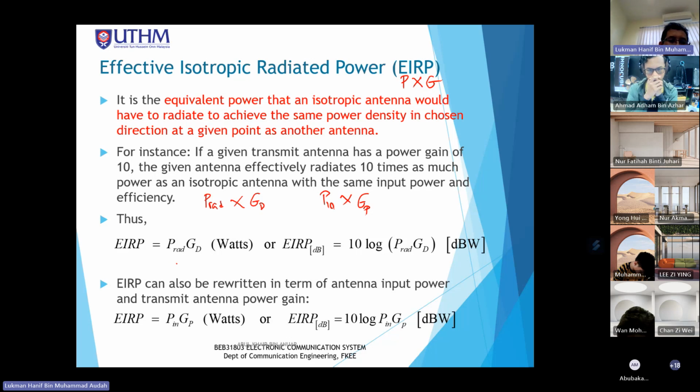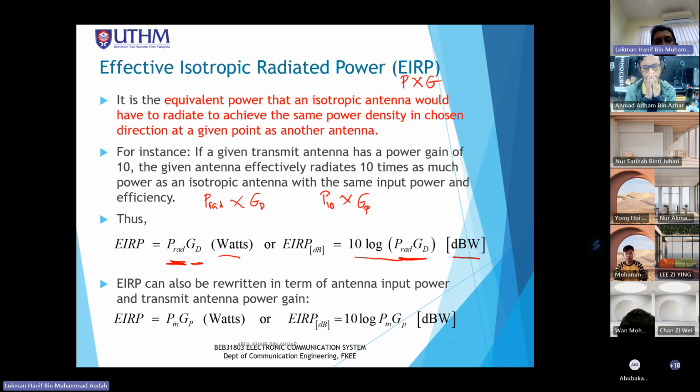For example, here I use P radiation times directivity gain, so we get the value in terms of watt. If we change into decibel, 10 log of EIRP, we get the value in terms of dBW, dB watt.